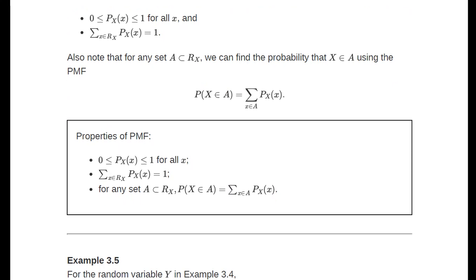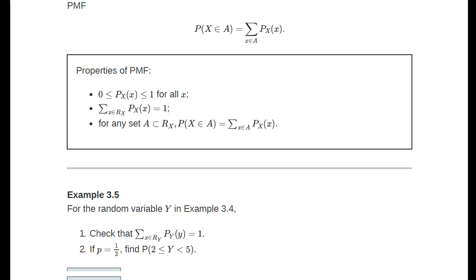For any set A subset of the range of X, the probability of X in A must equal the summation of P_X(x) over x in A.